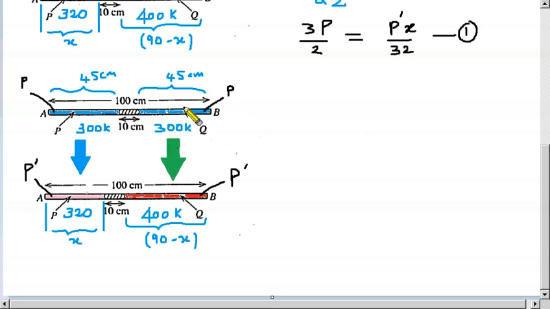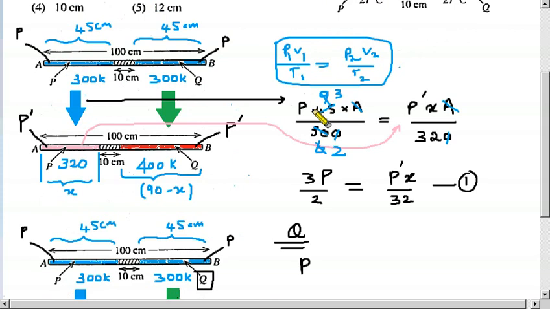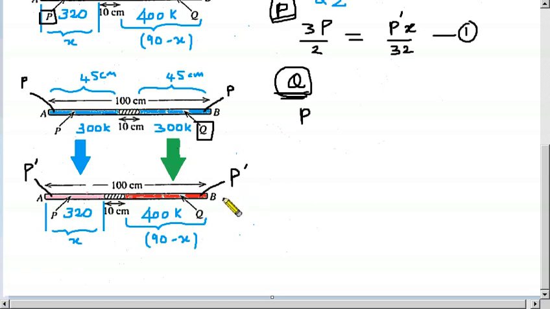Let us mark the suffix: P for the air column P, and Q for the air column Q.